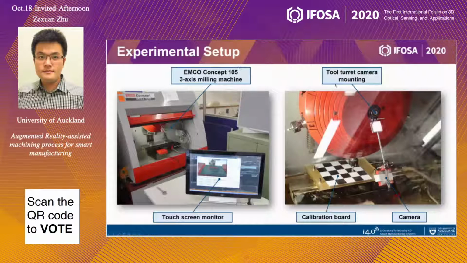Inside the machine, we have a camera to capture the real-time interior of the machine tool for further processing. The calibration board here is used to map the 2D image coordinates to the machine's 3D working coordinates. The calibration results will be used to synchronize both the physical machine tool and the generated 3D virtual model.